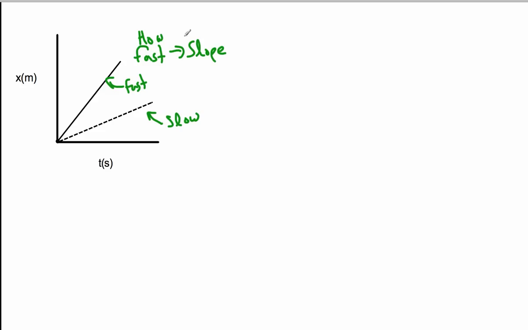Now, the how fast is really a way of saying the speed. That's just another phrase for speed. But in fact, we can tell more than just how fast. We can also tell the direction. For example, if one of these graph lines had come down like this, we could see that the slope here is negative.